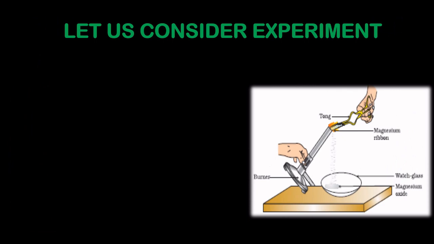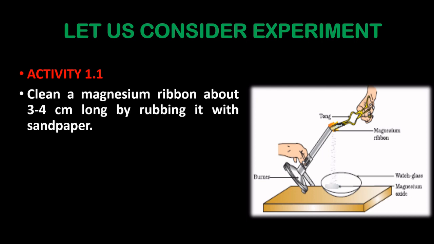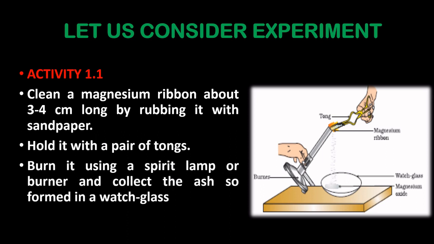Let us consider an experiment prescribed in the Class 10 science textbook, Activity 1.1. Clean a magnesium ribbon about 3 to 4 cm long by rubbing it with sandpaper. This cleaning is required to remove the thin layer of magnesium oxide formed on the magnesium ribbon. Hold it with a pair of tongs.